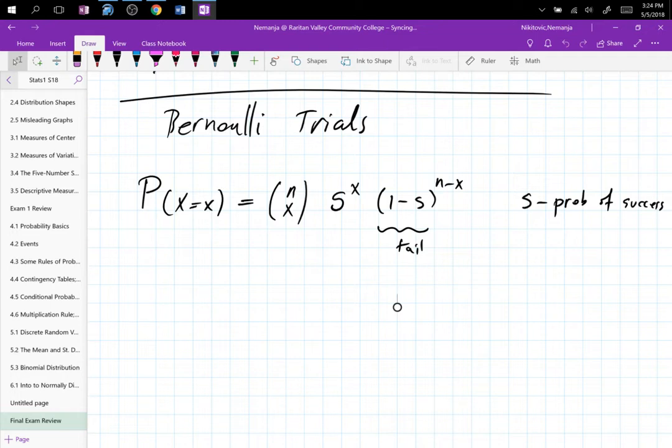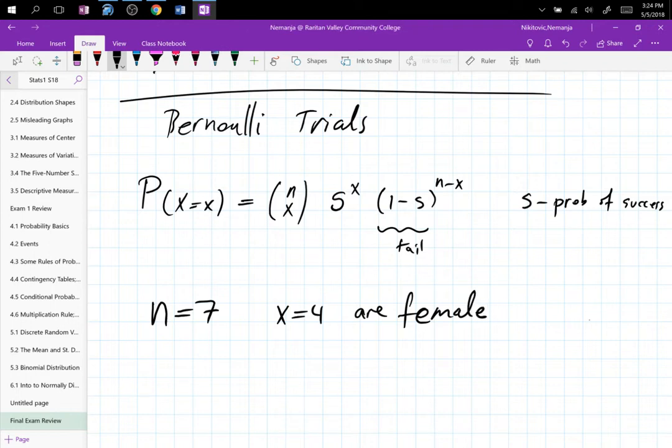All right, ready? So a cat has a litter of 7 kittens. All right, great. N equals 7. Find the probability that exactly 4 of the little fur balls are female. So X equals 4 are female. For cats, they say assume that the probability of a male and female being born is roughly the same.